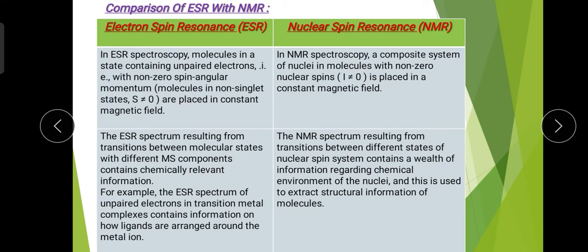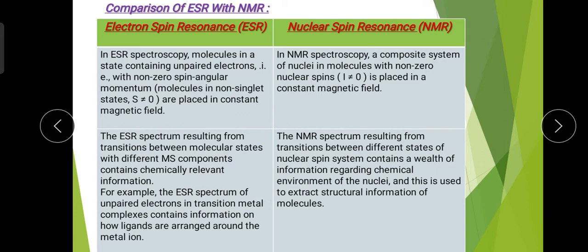But what is the condition for NMR spectroscopy? In NMR spectroscopy, a composite system of nuclei in molecules with non-zero nuclear spin, that is capital I is non-zero, is placed in a constant magnetic field. In NMR, we also place the sample in a constant magnetic field, which is also strong, powerful and uniform.